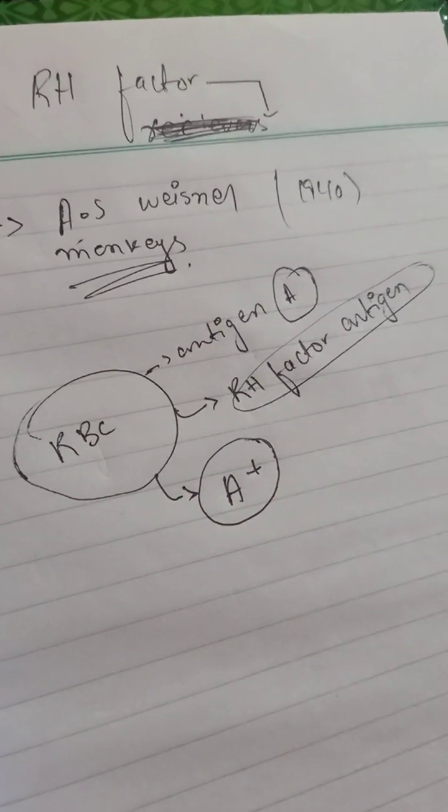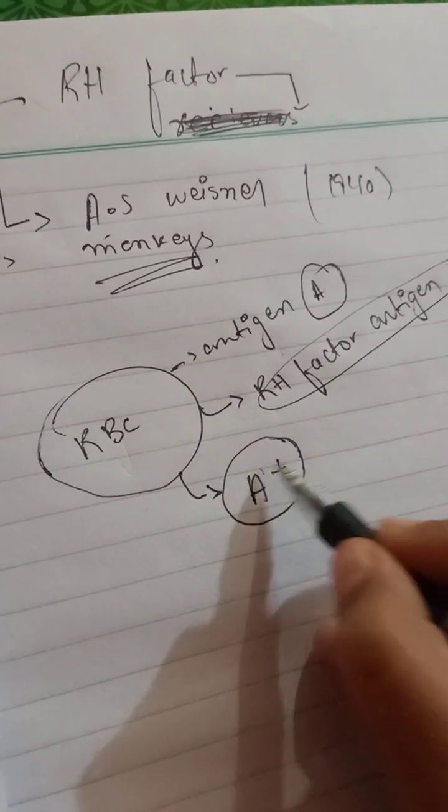So the Rh antibody will be absent and the blood group will be A positive.